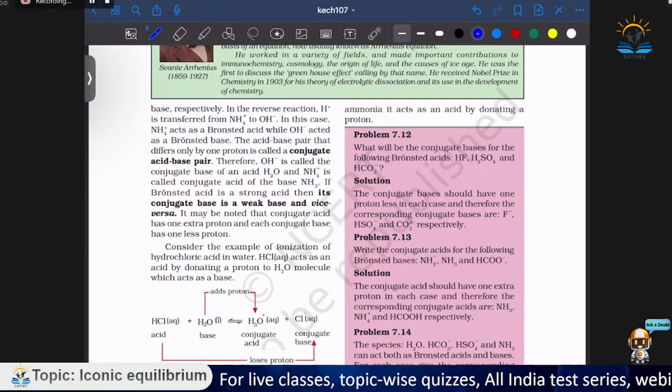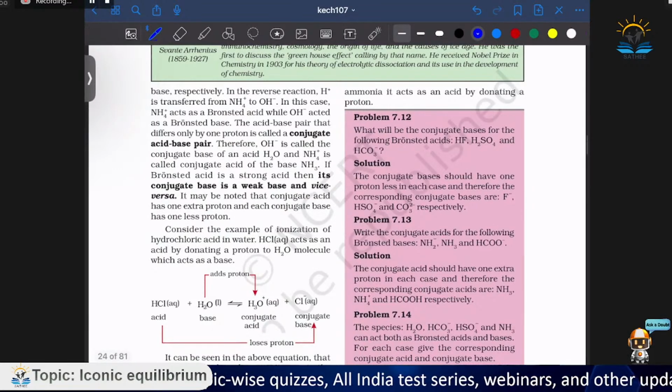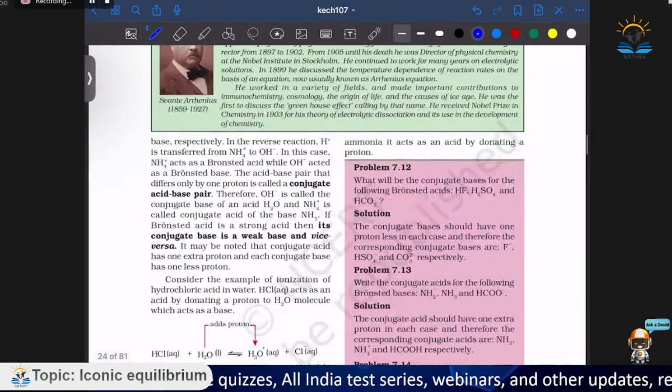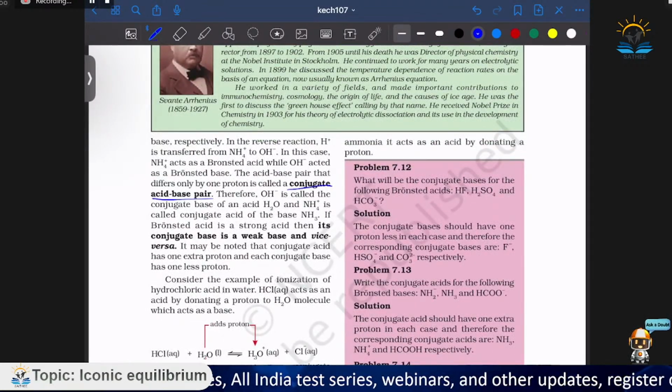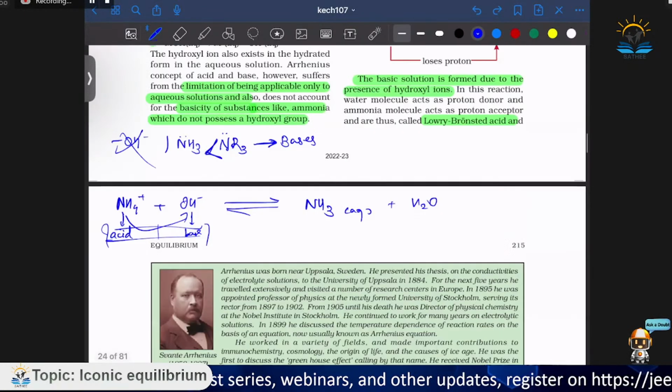It has explained the shortfalls of the previous concepts. They have introduced a term called conjugate acid-base pair. So what does conjugate acid-base pair mean?